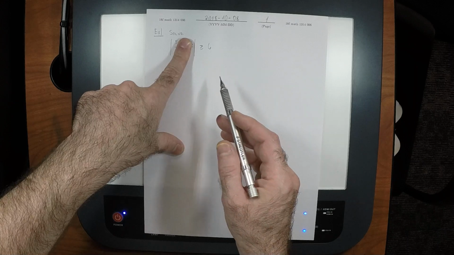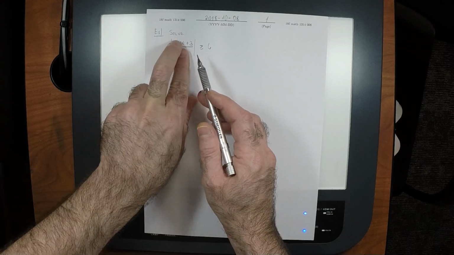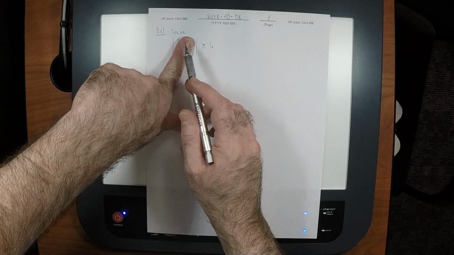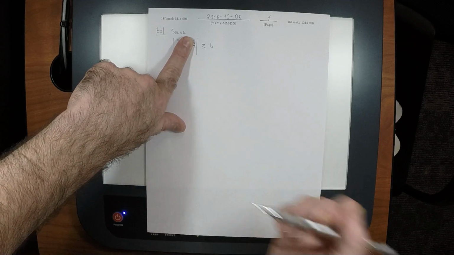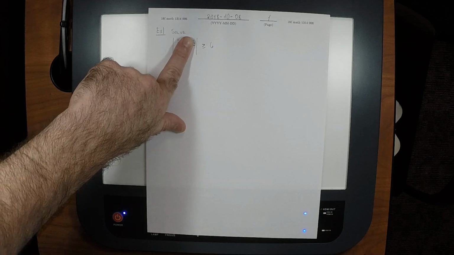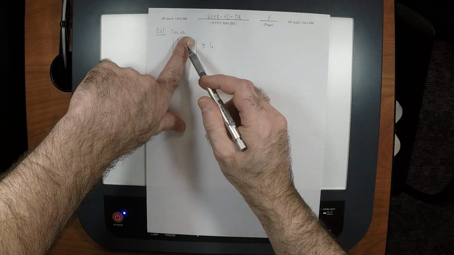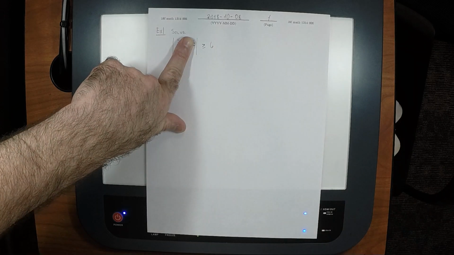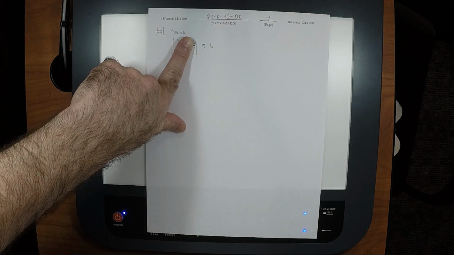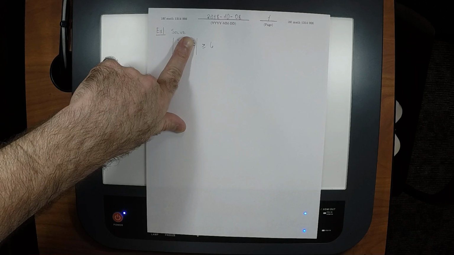Negative 6 would work too, right? Because if I was covering up a negative 6, then the absolute value would flip it to a 6, and the inequality would be true. And similarly, if I was covering up a negative 8, the absolute value would flip it to a positive 8, and the inequality would be true.